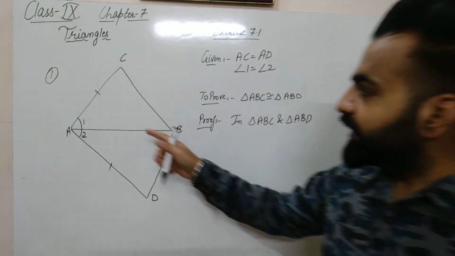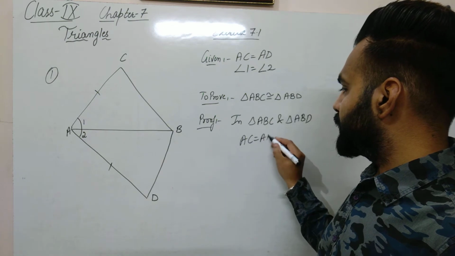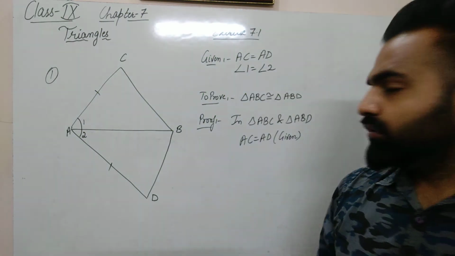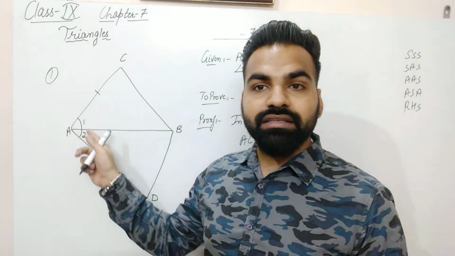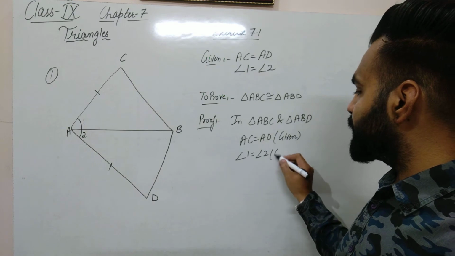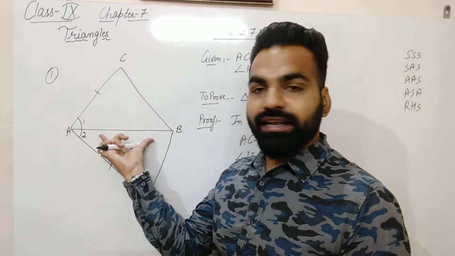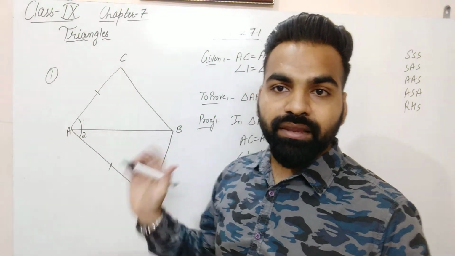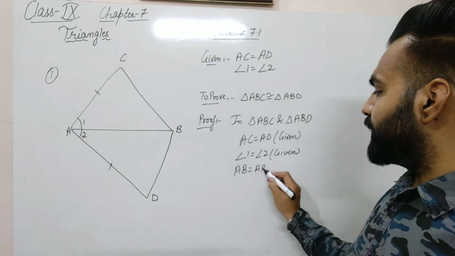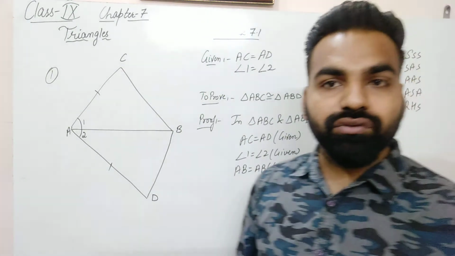So first of all, it is given that AC equal to AD. So write the reason in the bracket here because it is given in the question. Next, angle 1 is equal to angle 2. This is also given in the question. And third, we can see that this side AB is common in both the triangles. So AB will be equal to AB because this is common side in the 2 triangles.